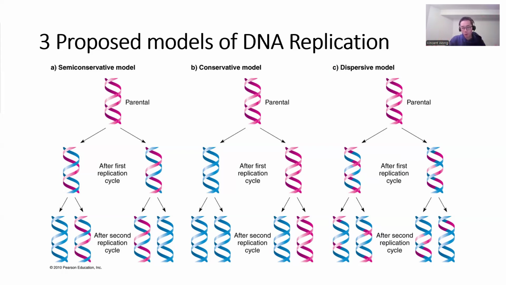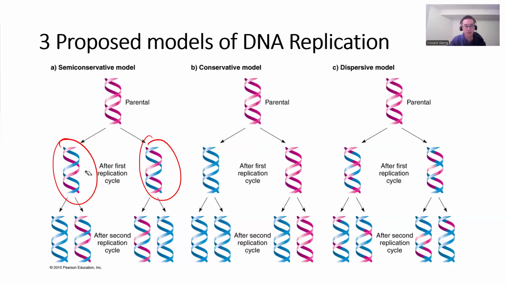Okay, so the blue is representing new materials. So semi-conservative, each copy would be made up of 50% old material and 50% new material. 50% original, 50% new, and it's going to be restricted to half strand. Essentially, one strand is old, one strand is new.